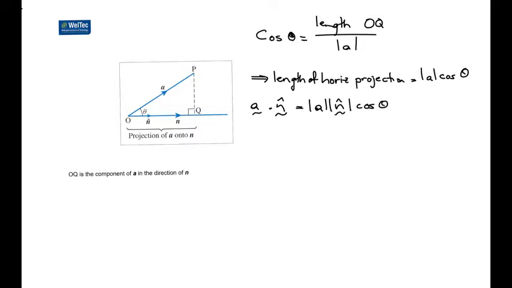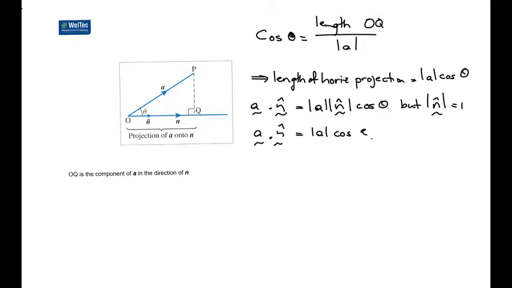But obviously the length of the unit vector is 1. So what we've got now is that A dot the unit vector of n is equal to the length of A cos theta.